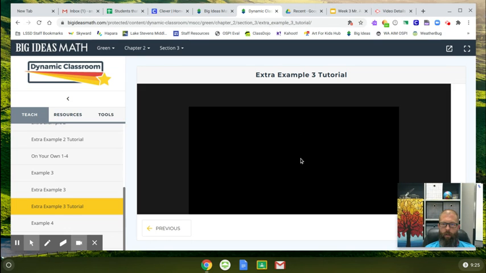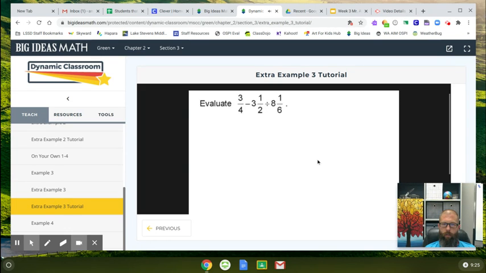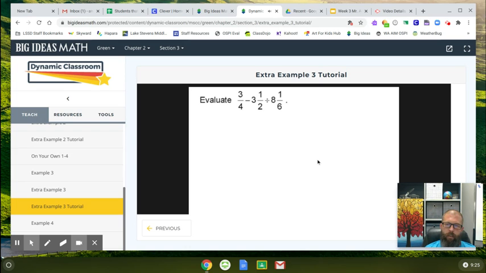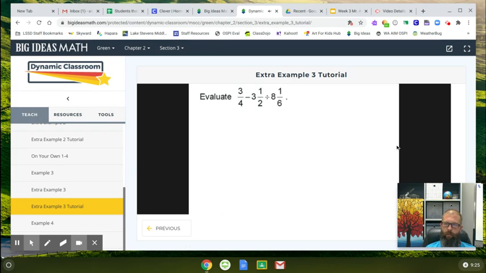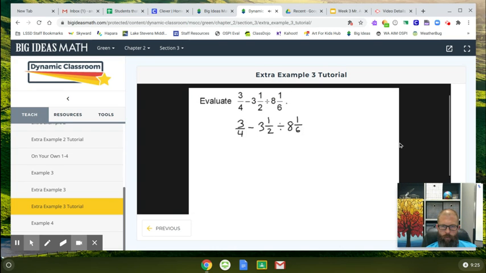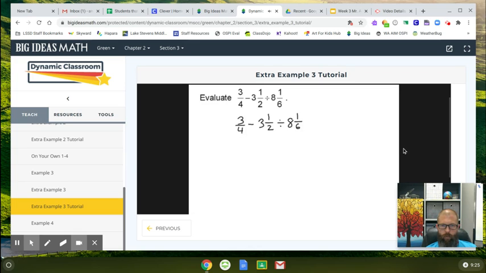Let's start by writing the problem. Notice in this problem there are 2 operations to deal with, subtraction and division. Our order of operations tells us that we should perform the division first. So let's work on that.